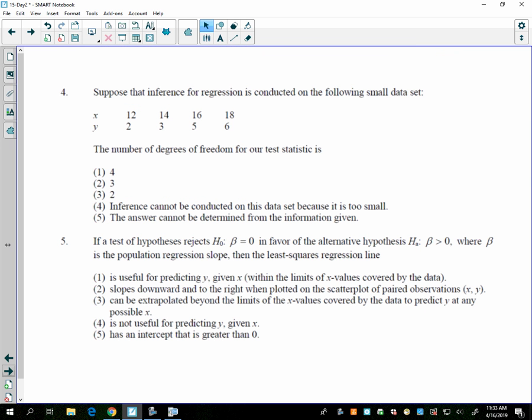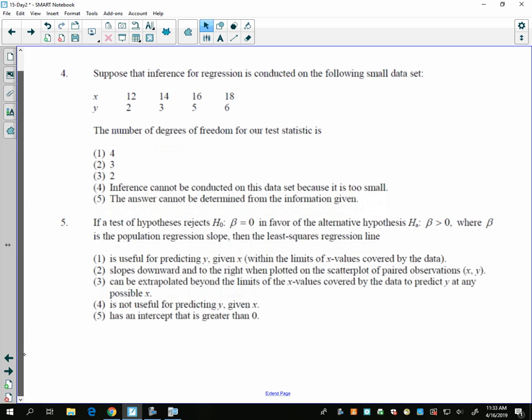Okay, suppose that inference for regression is conducted on the following small data set. I don't think that these even relate to the other one. They're not based off of that last problem. So you have 4 values for x, 4 values for y. What would the number of degrees of freedom be here? 2, right?